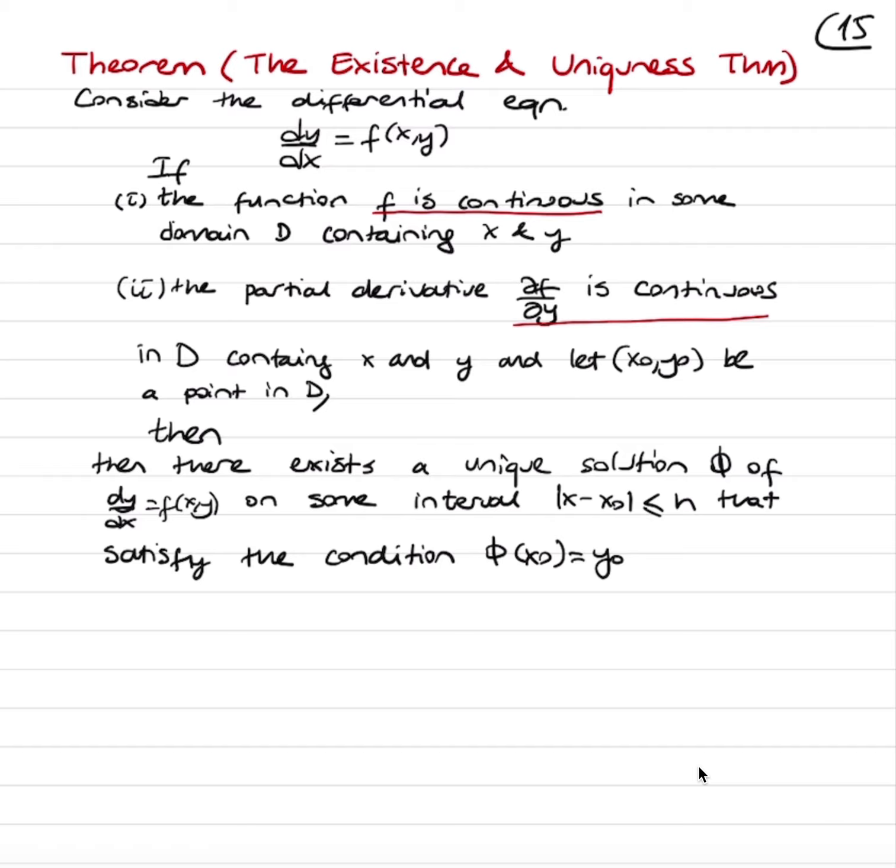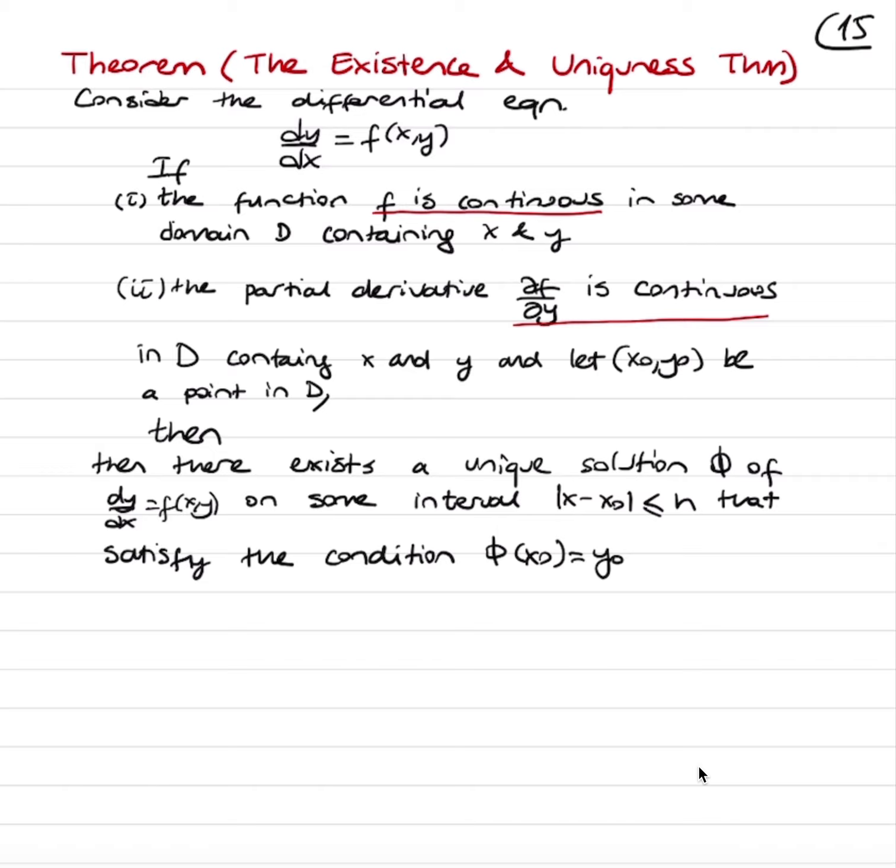The existence and uniqueness theorem says that given a first order differential equation, let's say dy over dx is f of x, y, if the function f is continuous in some domain D containing x and y, and the second condition is the partial derivative del f over del y is continuous, and let x0 and y0 be a point in this domain, then there exists a unique solution phi of this given differential equation on some interval that satisfies the condition phi of x0 is equal to y0.